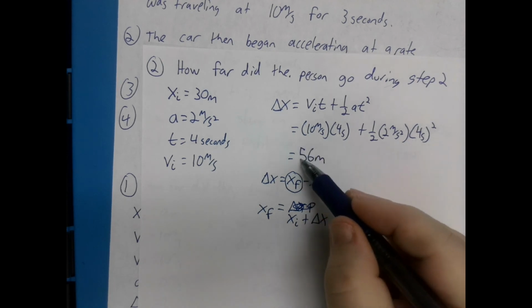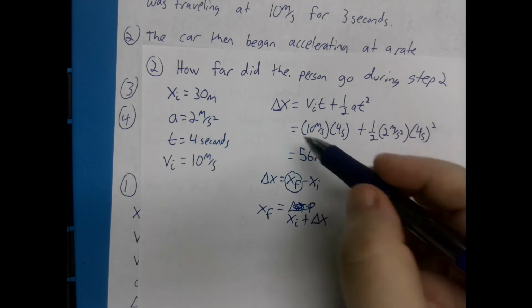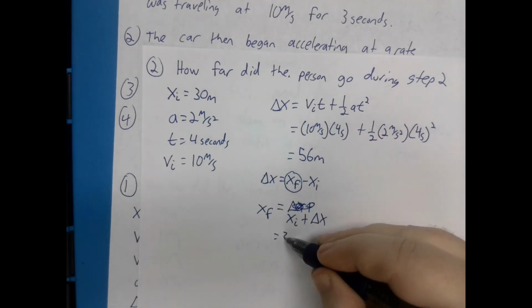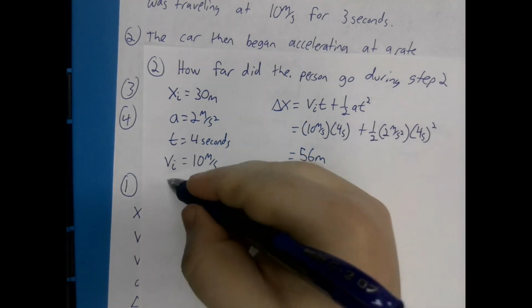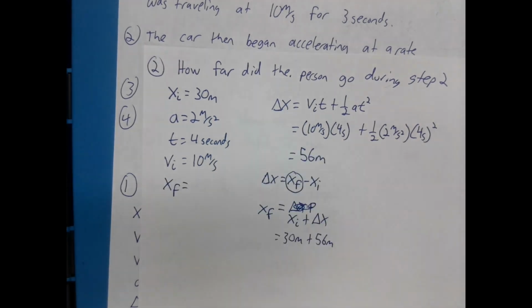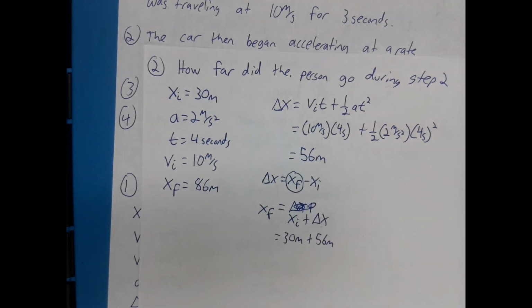We've added another 56 to the 30, so it would be 30 meters plus 56 meters. That means our final position is 86 meters at the end of step 2, right?